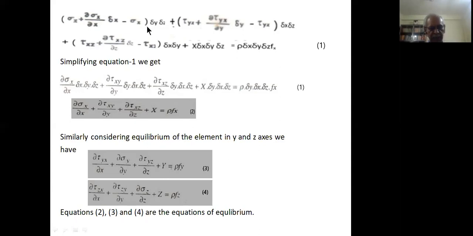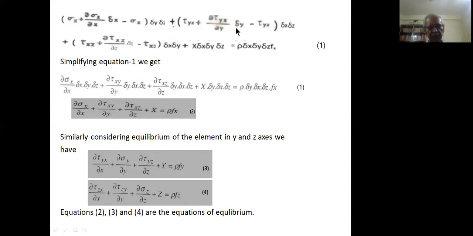And if we take the bracket out, you will have delta y into delta z. So you have got del sigma x by del x into delta x, delta y, delta z. So that is the first part of the equation.